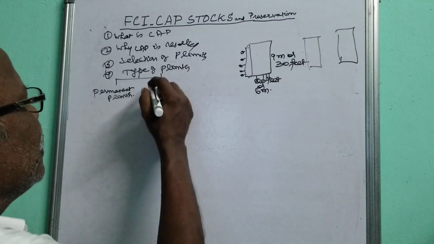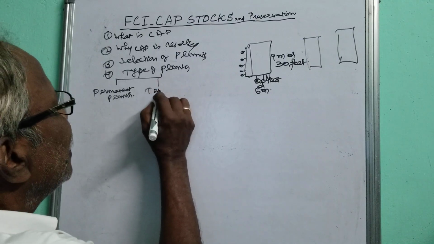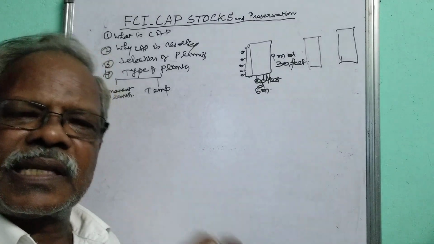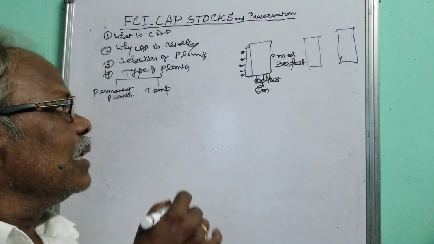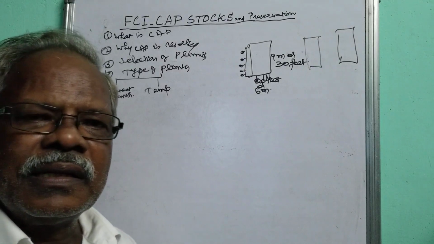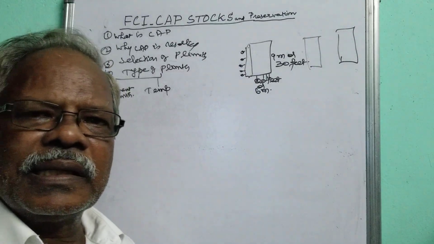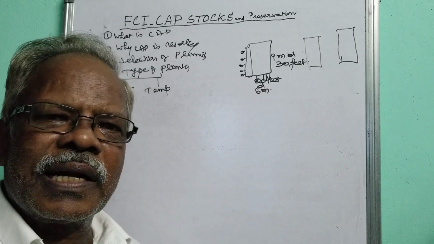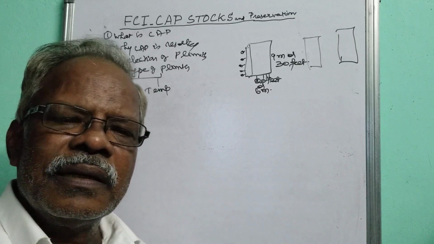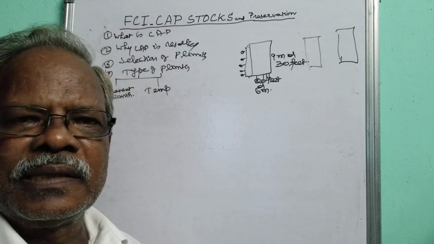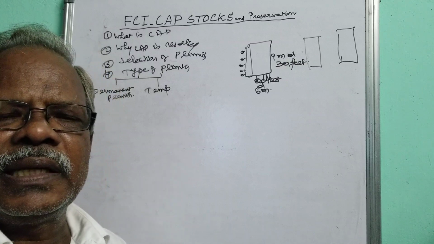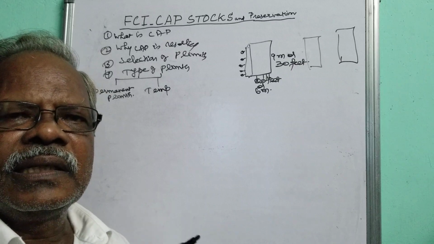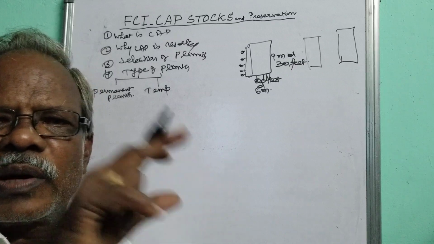Wherever the space is not available and plinths are not constructed, some temporary plinths are constructed in an elevated place, and kadapa stones are placed over and above, to cope up with the storage immediately.